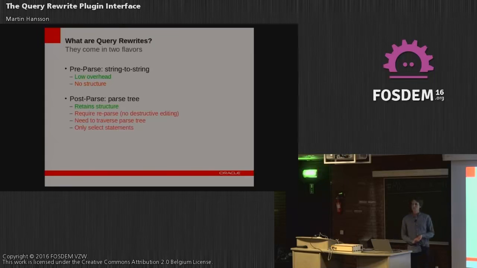The downside is that you can't edit the parse tree destructively, so you have to build a new string and then re-parse that string. You also need to traverse the parse tree, which can potentially be a performance bottleneck, because you have to remember that these rewrites are run on every query, and that can slow down the system terribly.